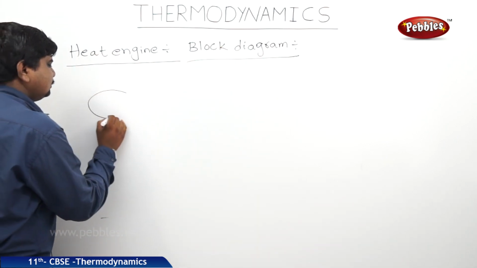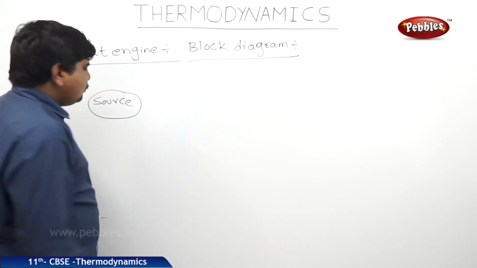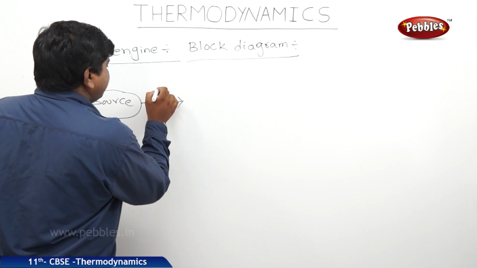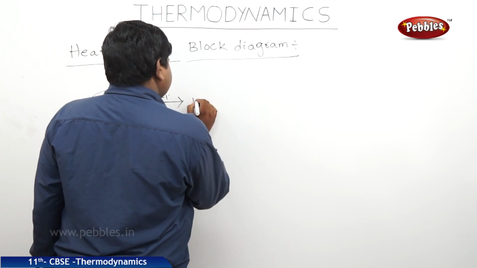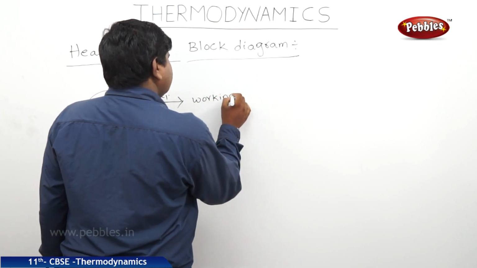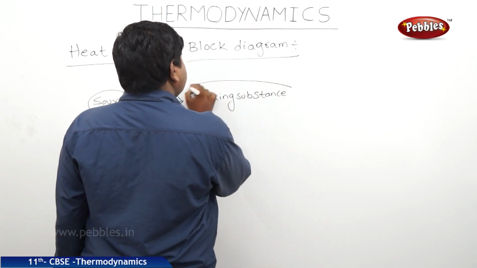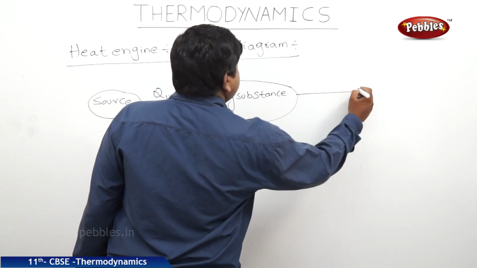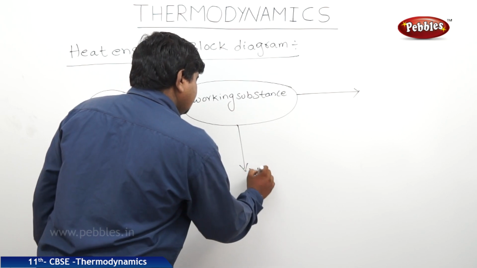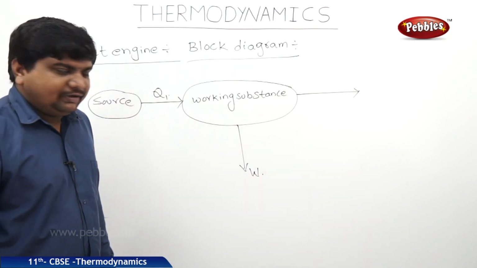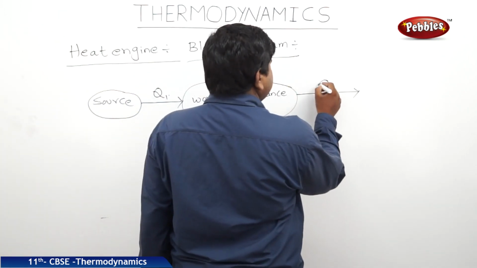This is the source, which releases heat energy Q1 to the working substance, and this working substance does some work with the help of the supplied heat energy Q1, and the exhaust, nothing but the loss, is radiated in the form of heat Q2.